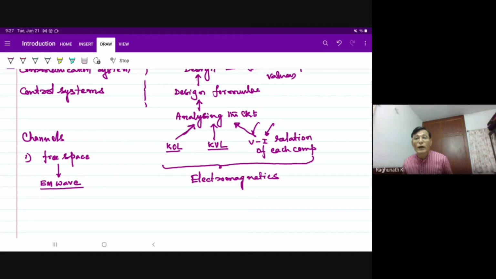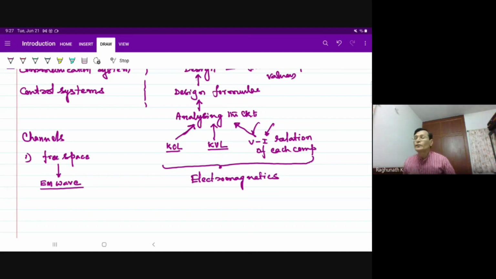Definitely, yes. The range of the communication system and the medium used determine, ultimately, using them, we determine the amplitude of the electromagnetic wave to be launched into the free space so that the communication is successful.